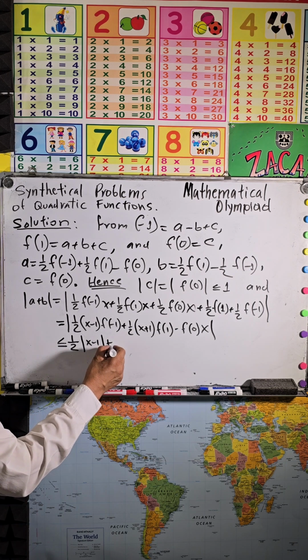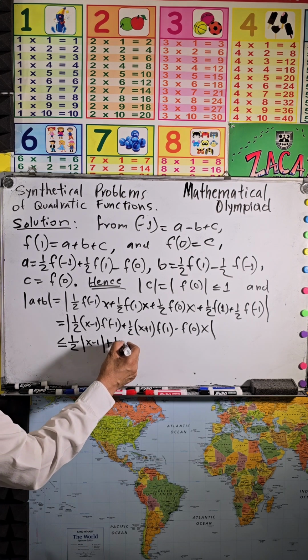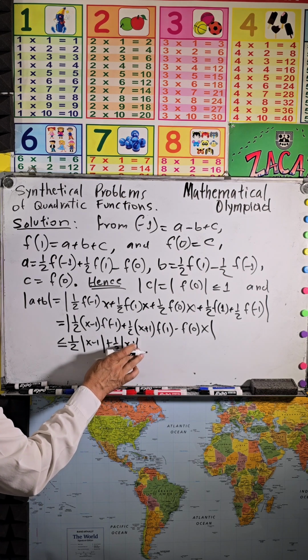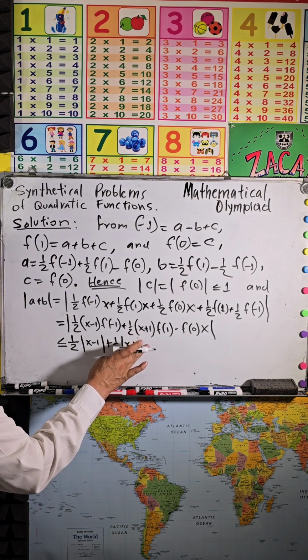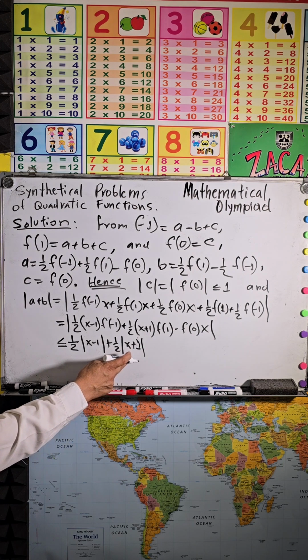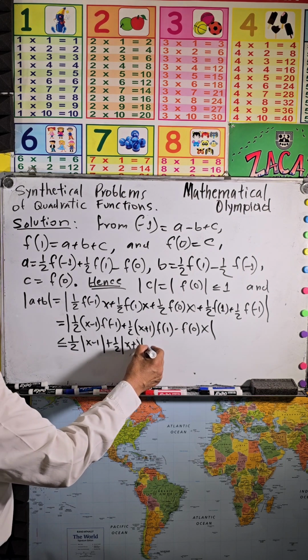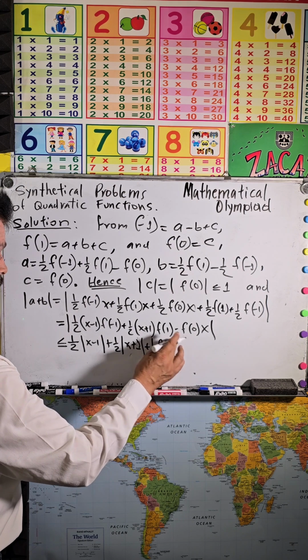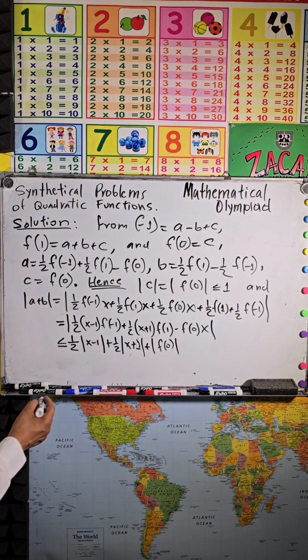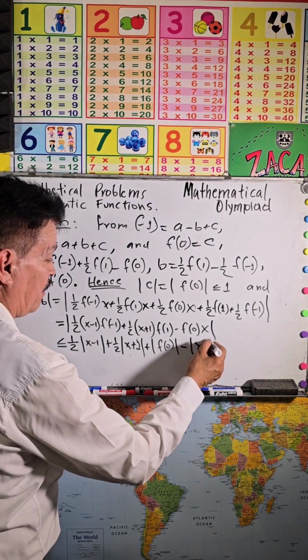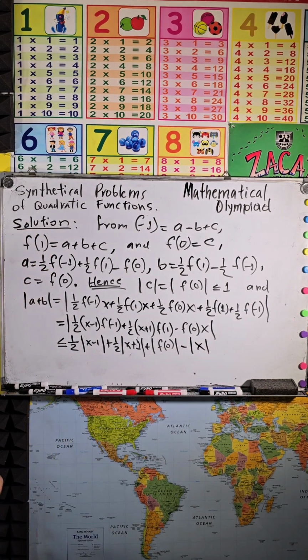Plus again 1/2 absolute x plus 1. Close right here, this sign, plus 1. Plus, again, open f of 0, and then close it, the sign. Minus absolute of x, right there, okay?